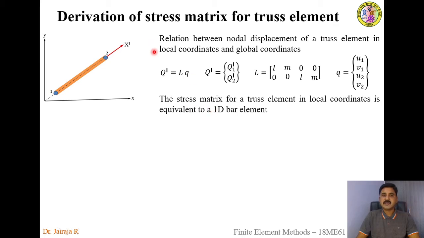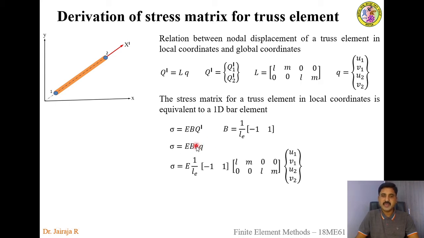Then the stress matrix for truss element in local coordinate is equivalent to the 1D bar element. So sigma is equal to E B q dash. E is Young's modulus and B is 1 divided by L times the square bracket minus 1, 1, and we know q dash is q1 dash and q2 dash. So q dash is represented by L into small q.